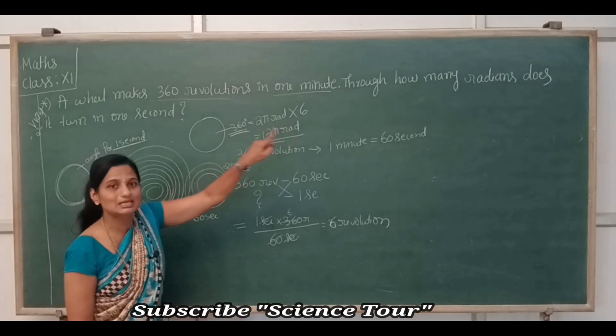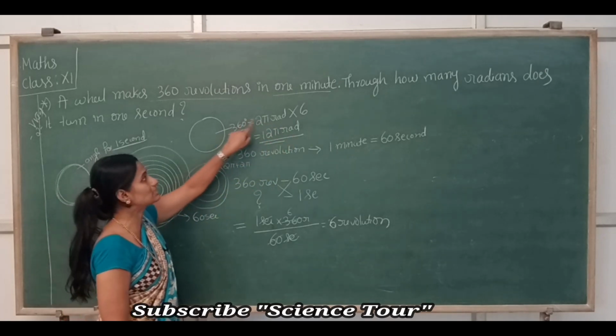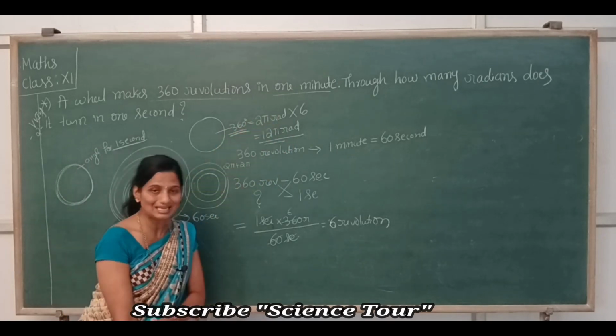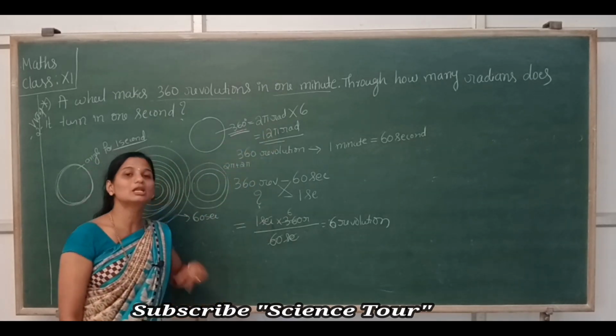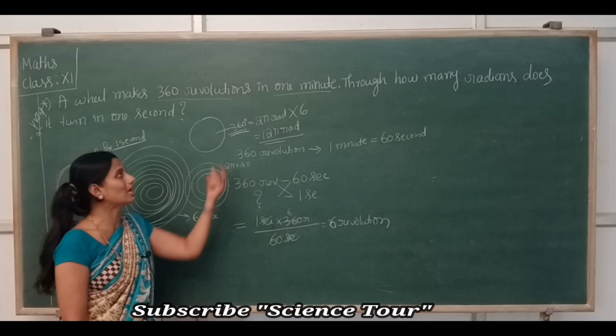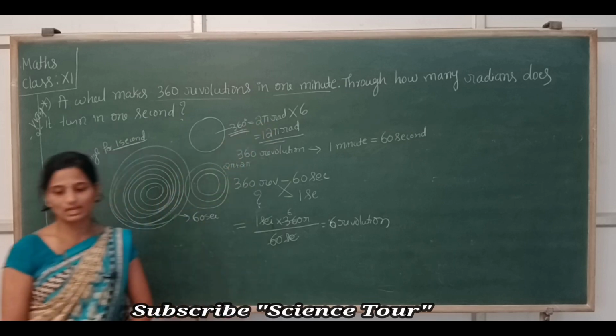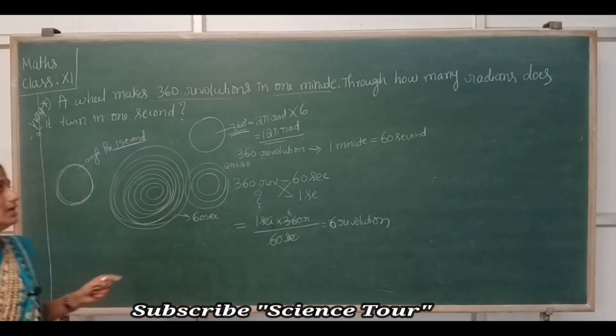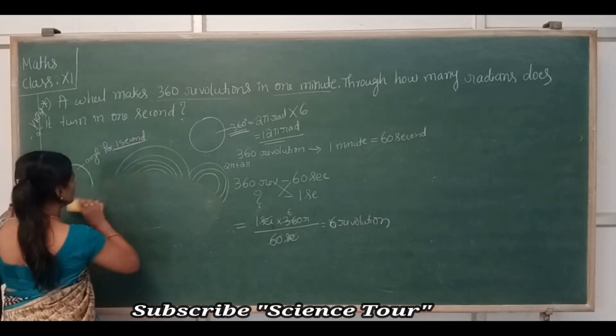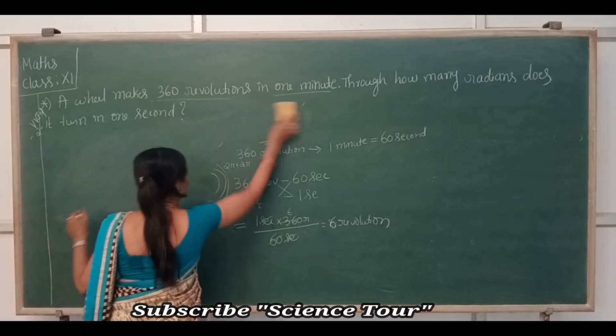But I need the answer in radians. So 360 is equal to what? 2 pi radians. That is for 1 rotation. For 6 rotations, what is the angle? 6 into 2 pi, 12 pi. So the angle covered for 6 rotations is 12 pi. So now I will write it in sentences.